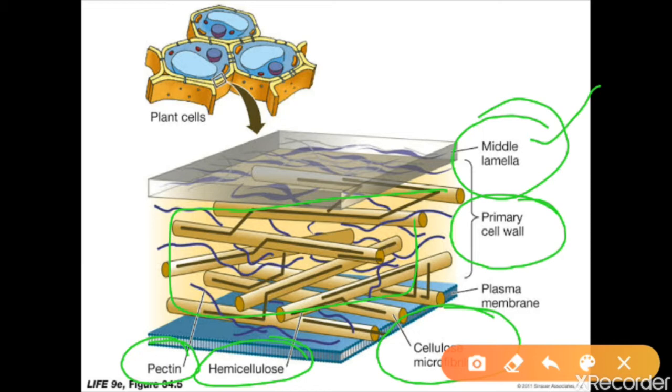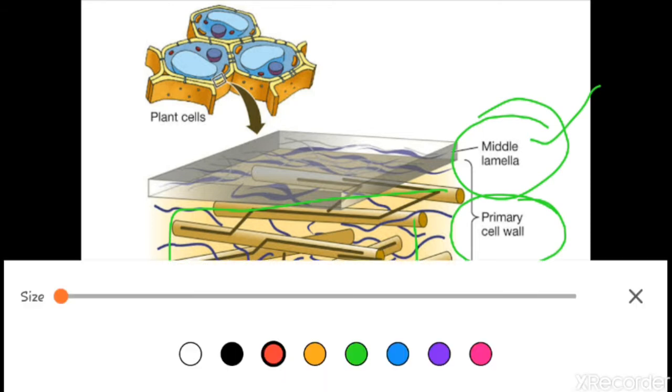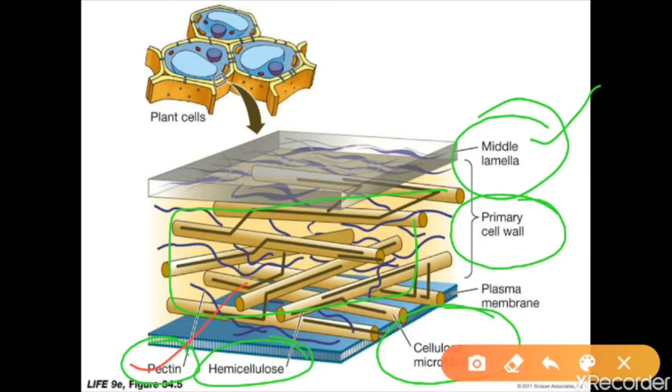Now the primary cell wall contains three things: pectin, hemicellulose and cellulose microfibrils. So this is the structure of the cell wall.